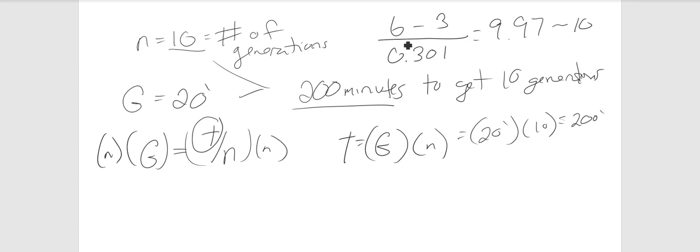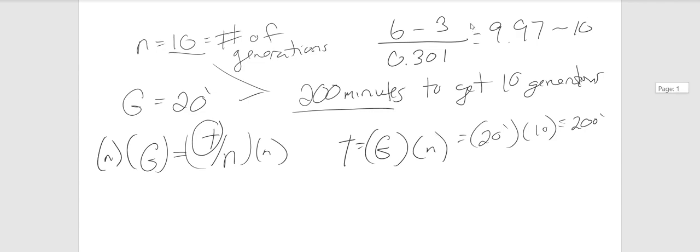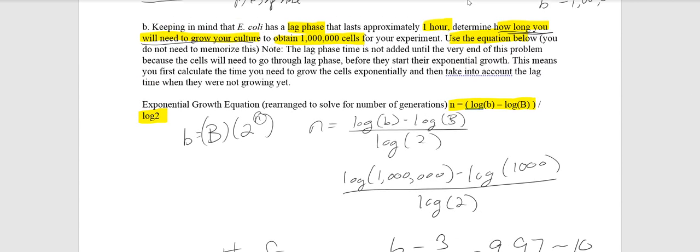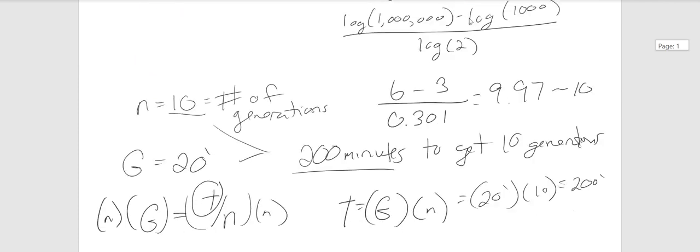Okay, now again, we're still not quite there. What we just said is it takes 200 minutes to get 10 generations. If we come back up to the problem, we also had this one other piece of information about the lag phase. So if you remember what a bacterial growth curve looks like when we're growing them in standard culture. Okay.